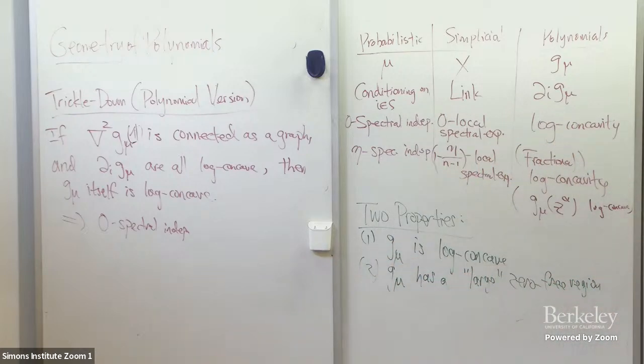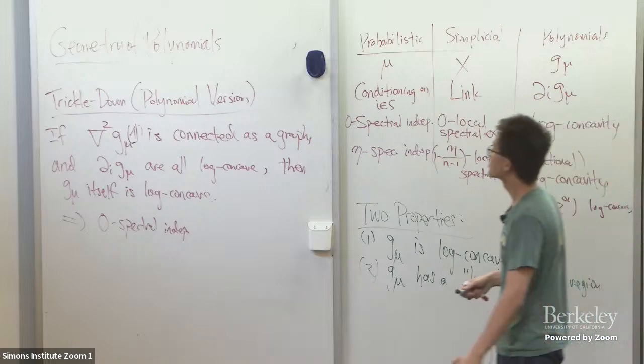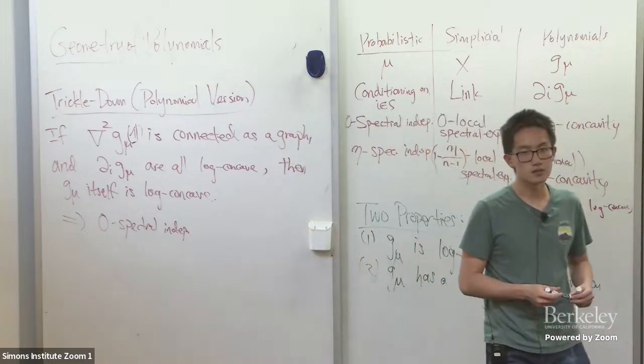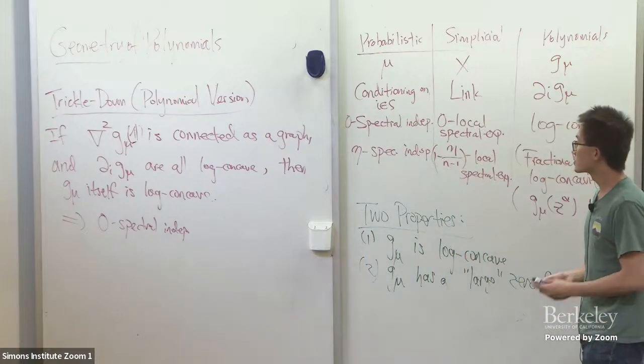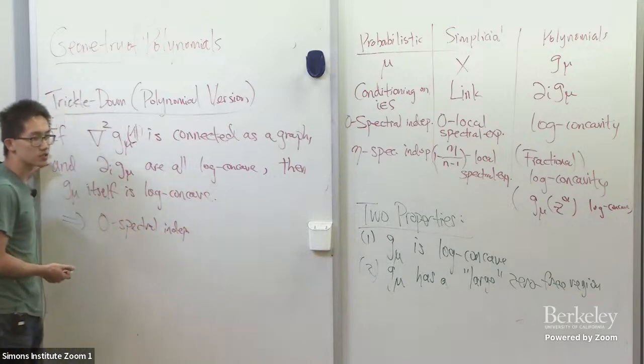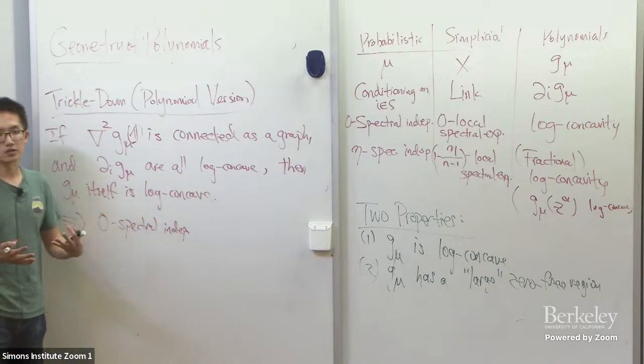Is this for any multilinear polynomial, or is the positivity important? Positivity of coefficients is important. I guess I should say one thing about this is that you can actually generalize this beyond the multilinear setting.